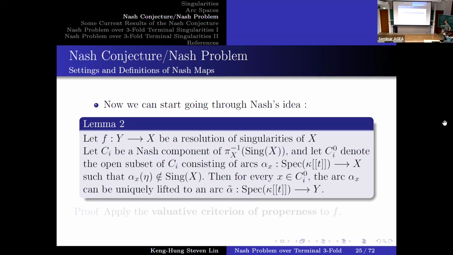Okay, so it is actually telling you that different arcs are algebraically possible. Okay, and the proof is pretty easy. You just need to know the valuative criterion or properties, then you can easily prove this lemma.